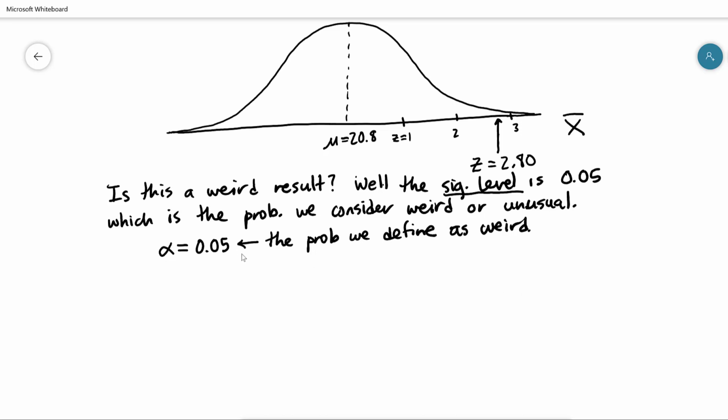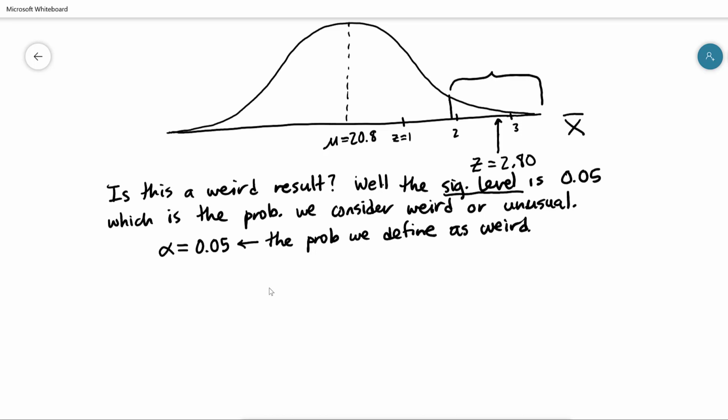In this case, I'm considering something weird if it happens less than 5% of the time. And so we need to figure out where that region is. In this particular case, we're going to be able to find this value using our table that we had before. So I'm going to draw this region that I consider weird, and it's going to be this region right here.